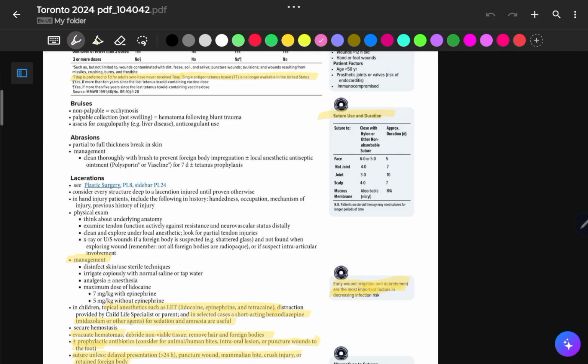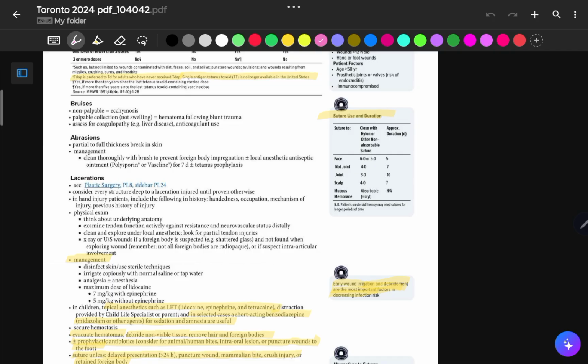You want to know what their occupation is, whether they are right-handed or left-handed, what the mechanism of injury was, and what other previous history of injury they have. When you are looking at an abrasion or a laceration, think about underlying anatomical structures as well, because it might not just be the laceration that you see.